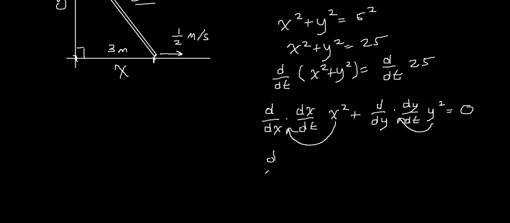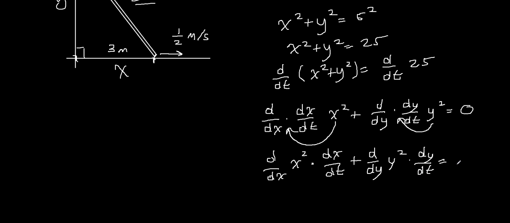So the derivative of x squared with respect to x times dx over dt, plus d over dy of y squared times dy over dt, equals 0.